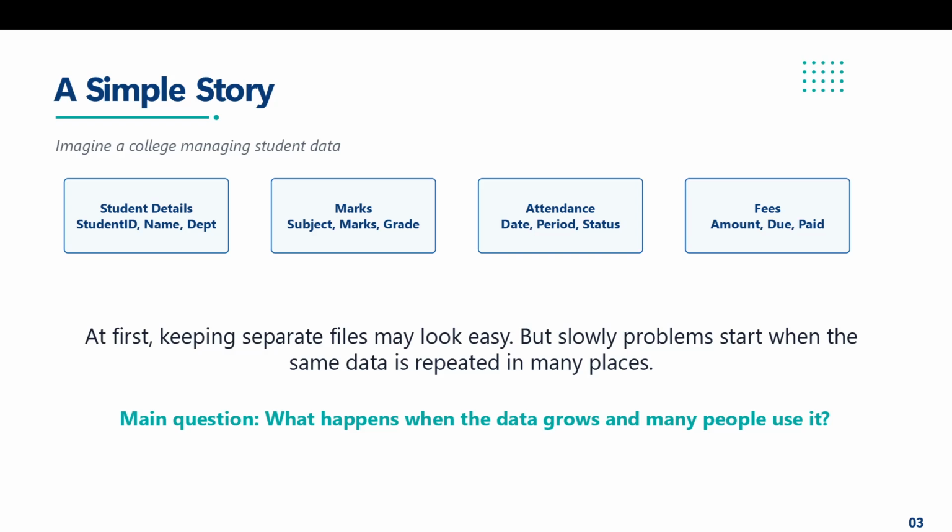The same student name may be repeated in many files, right? The same department may be repeated in many files. The same phone number may be repeated in many files. So the main question is, what happens when data grows and many people use it? That's exactly what we are going to understand in this video.